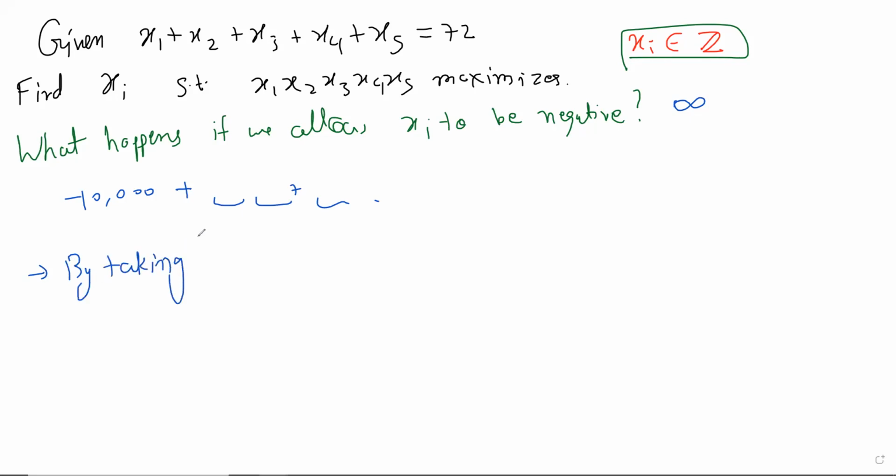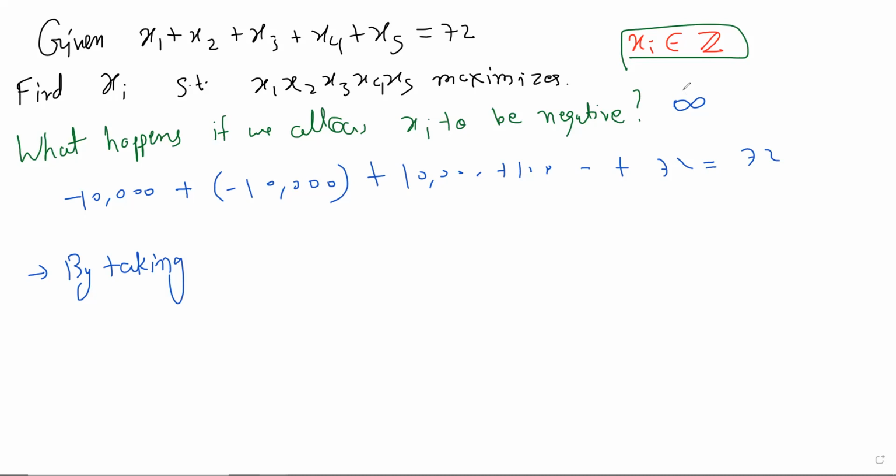If you take negative numbers, then your answer can be as big as you want. To complete an example, you can take plus 10,000 and another plus 10,000, and then you can just take 72. So this is not a very good question, because the product will be positive and it will become as big as you want.